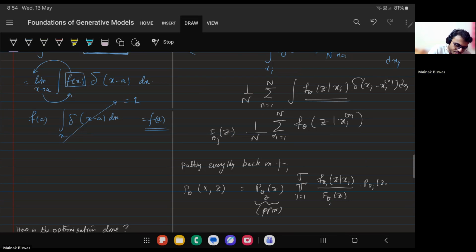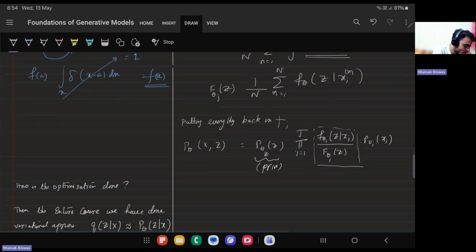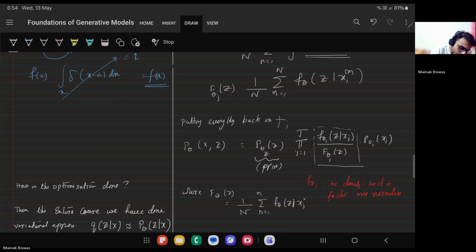Pj xj. So which means that this factor is already normalized. So f theta need not even be densities, as it is factor-wise normalized. So you see my f theta of z is equal to 1 by n, sum over n equal to 1 to n of the data points, if same network, right?